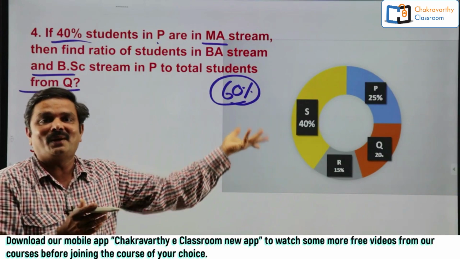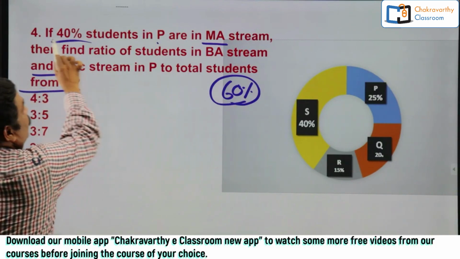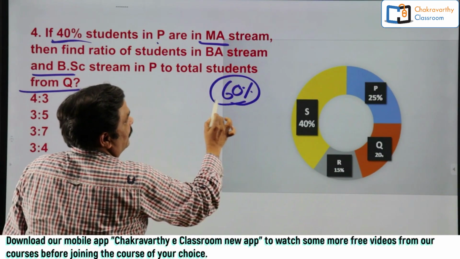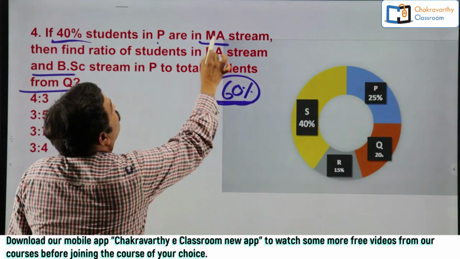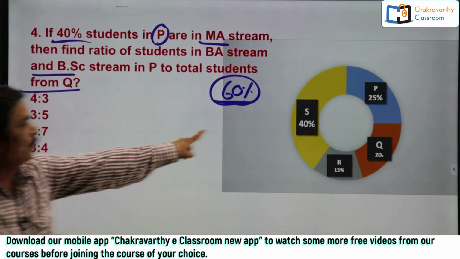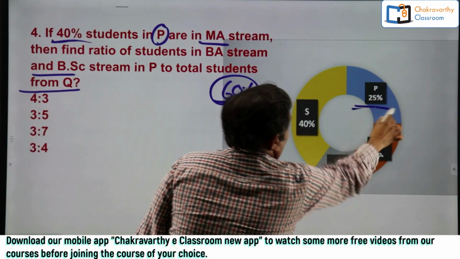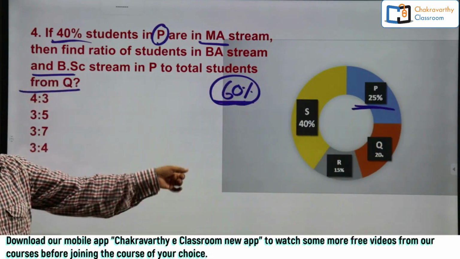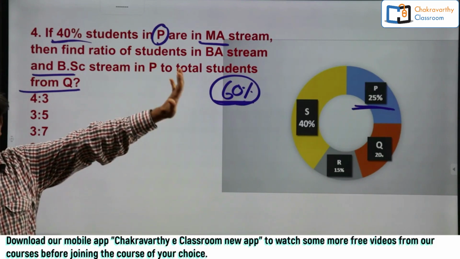You need not go for that. How to go for this, students? Here 40% are from MA, which means the remaining 60% of the students from college P are in consideration. Now you take college P total, 25% students are there, 25% of 400.